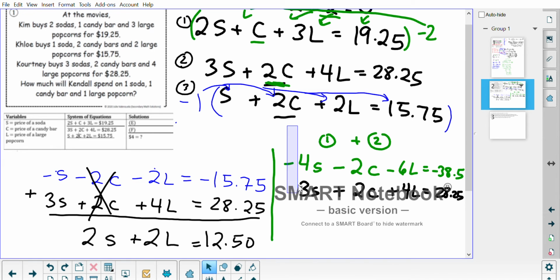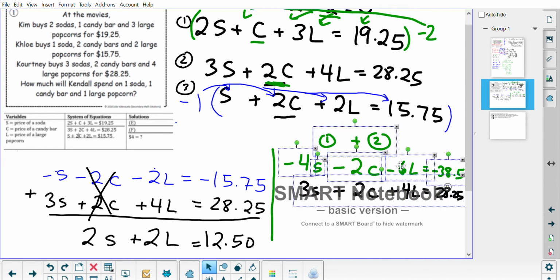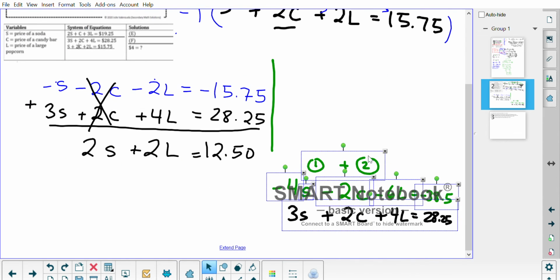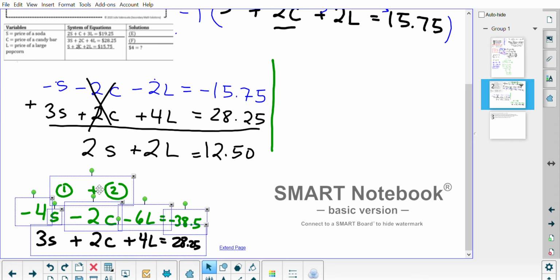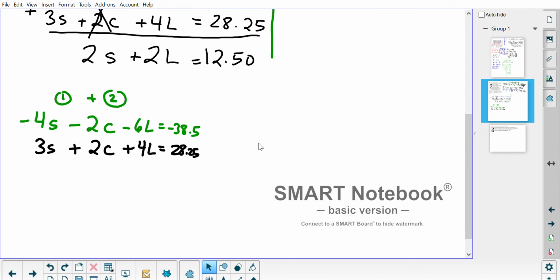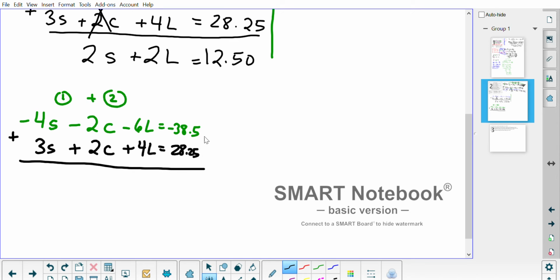I'm going to take all of these and move them down so that we can see it better. Okay, so like right over here. All right. So now that I have my equation 1 that's changed and equation 2, I can go ahead and start combining them. I'm going to use addition, and I'm just going to combine them over here. So we have a negative 38.5 plus 28.25.